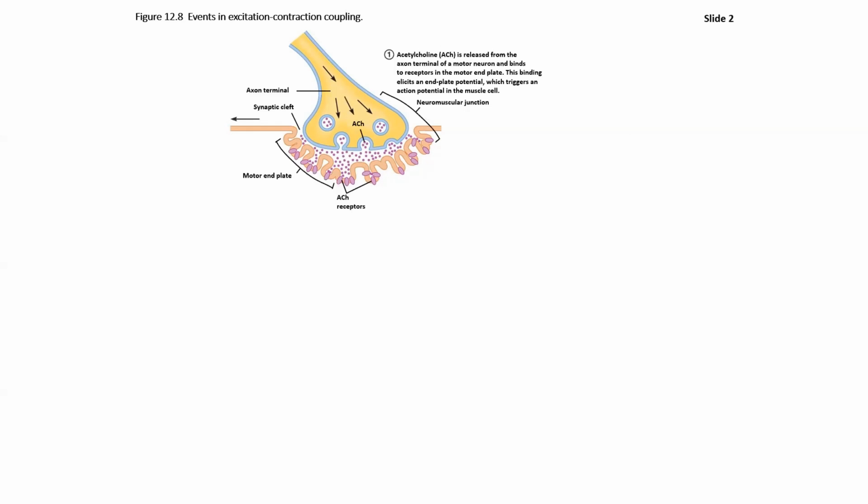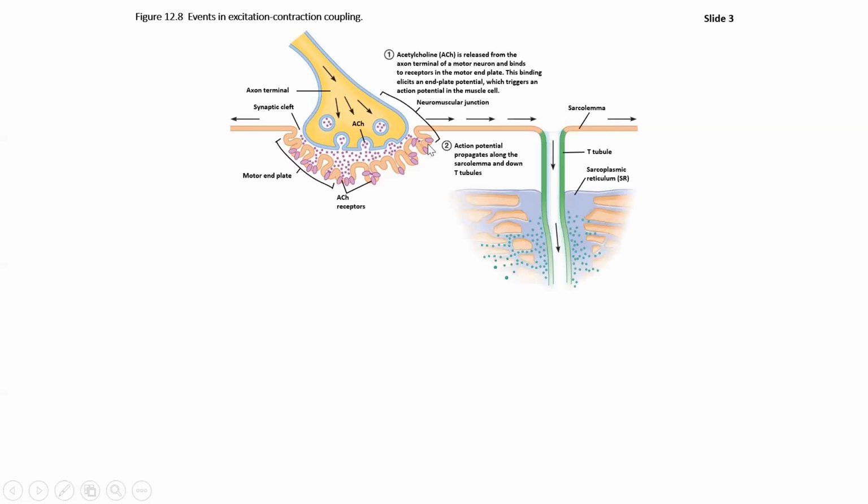So the first step is acetylcholine is released from the axon terminal of the neuromuscular junction here. It's going to cross the cleft and it's going to bind onto these nicotinic cholinergic receptors, and that is going to bring about an end plate potential at the motor end plate. This end plate potential or action potential is going to propagate throughout the entire muscle body.